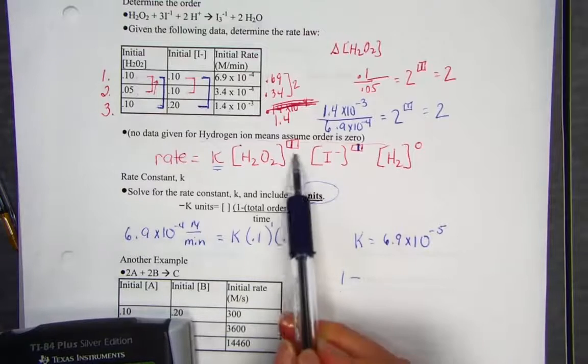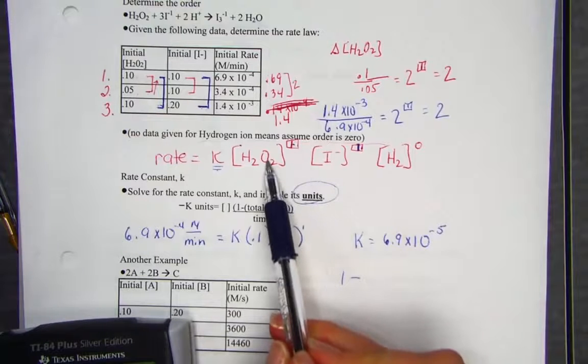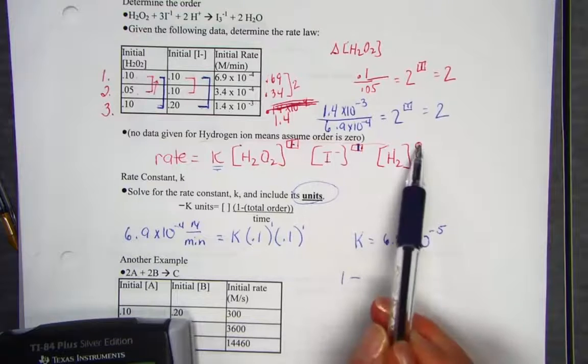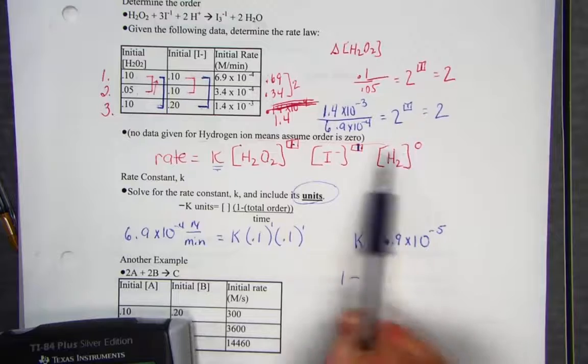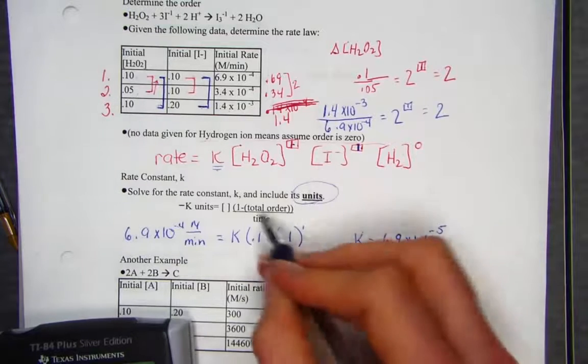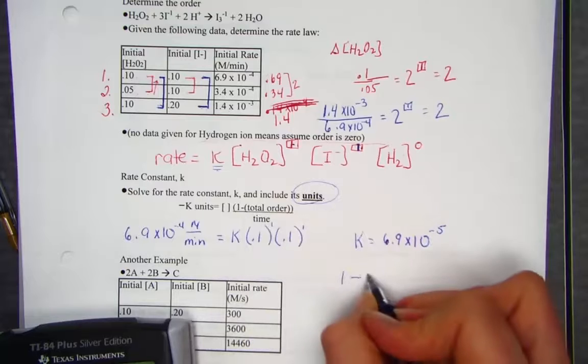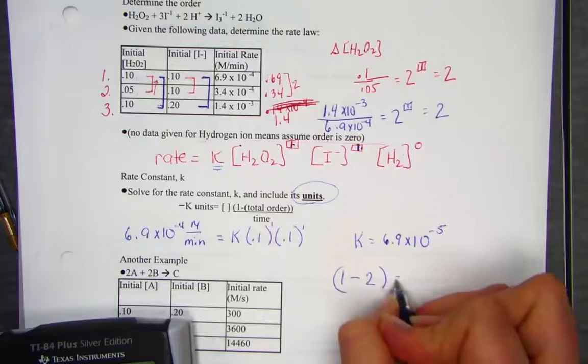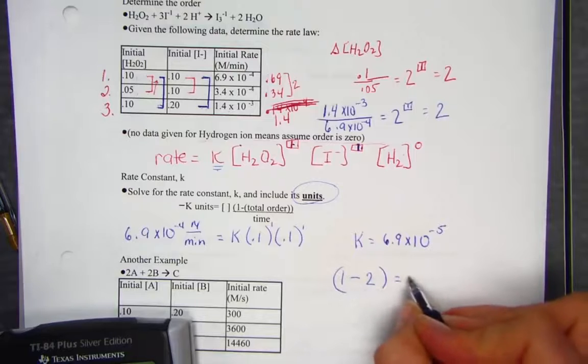Now remember, from this example, it was first order with respect to peroxide, first order with respect to iodide, zero order with respect to hydrogen. Overall, it adds to 2. 1 minus the total order of 2. 1 minus 2 is negative 1.